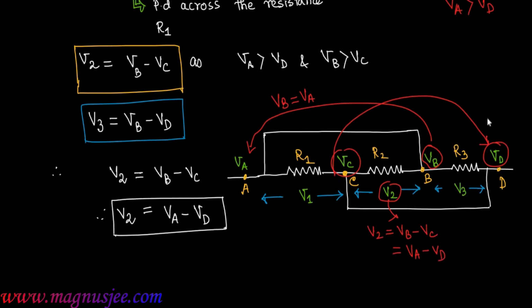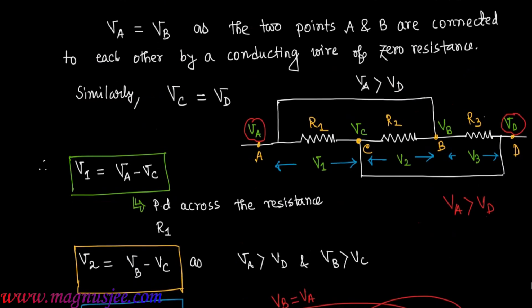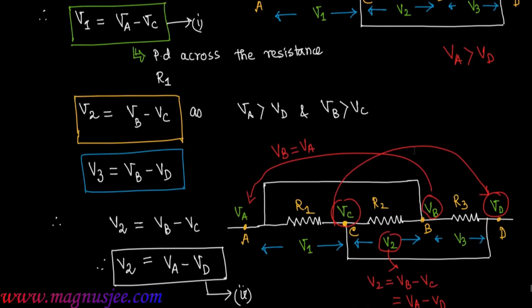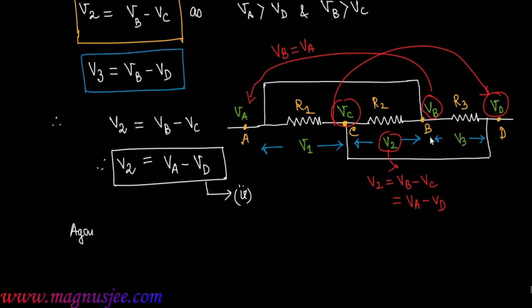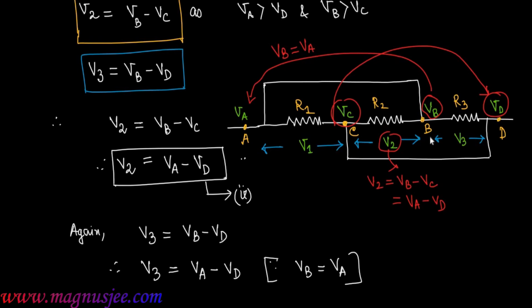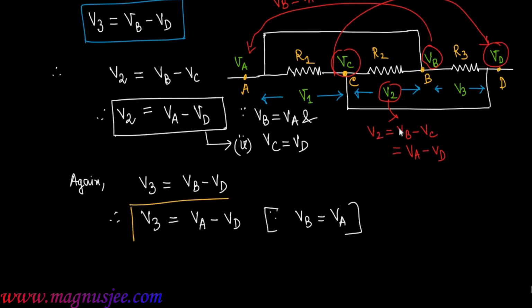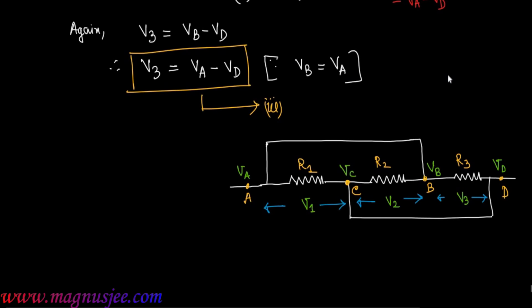So V2 is equal to VA minus VD, which is equation 2, and V1 was equal to VA minus VC, which was equation 1. Now V3 is equal to VB minus VD. Therefore, V3 equals VA minus VD, since VB equals VA and VC equals VD, which is equation 3.